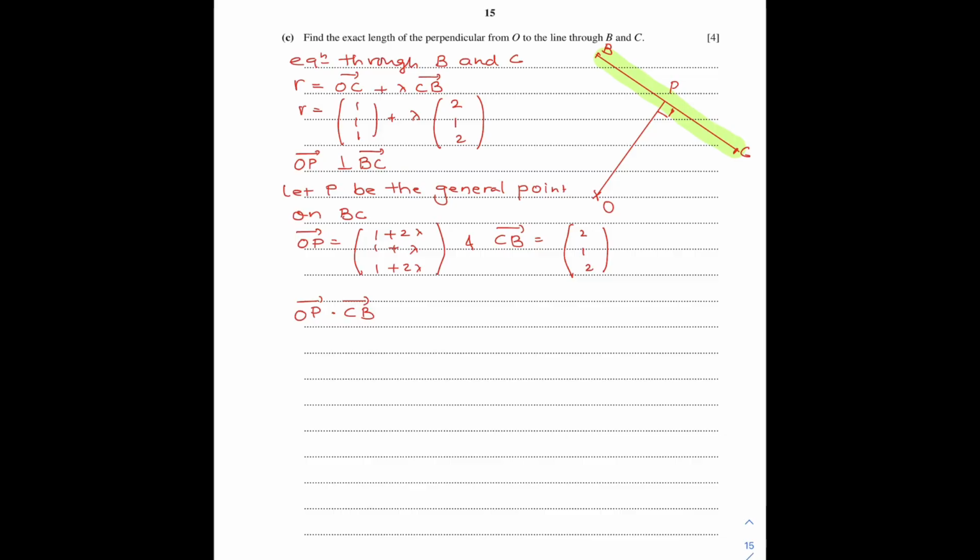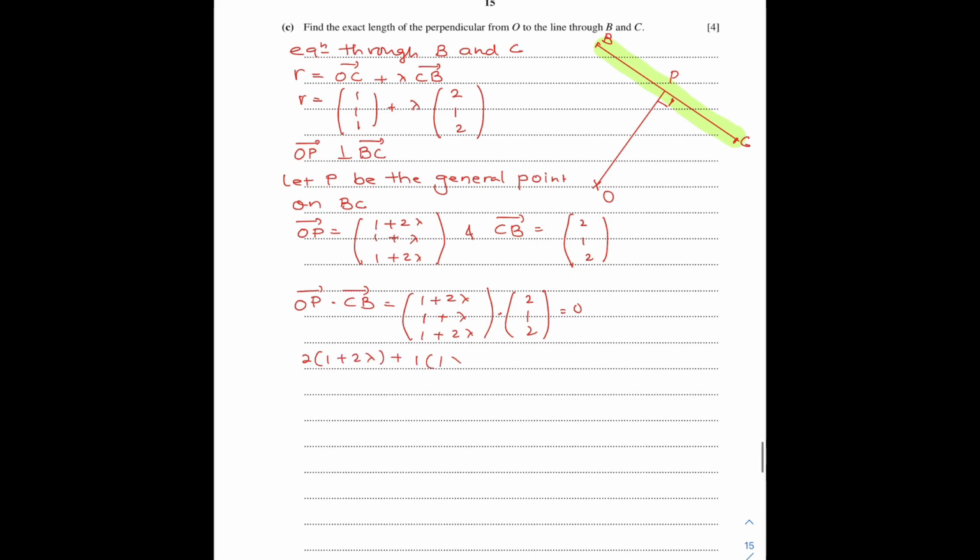Let's try now. OP dot CB. Why am I doing OP dot CB? Because I know they are perpendicular to each other and the scalar product of them would be 0. So that's (1 plus 2 lambda, 1 plus lambda, 1 plus 2 lambda) dot (2, 1, 2) is 0.